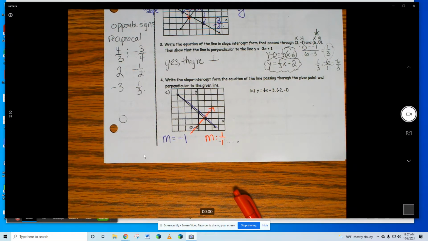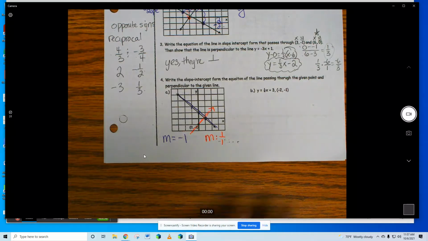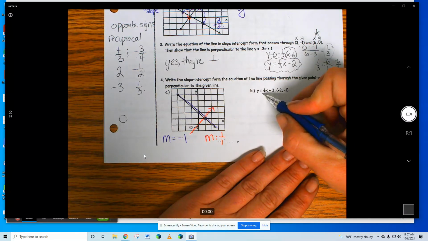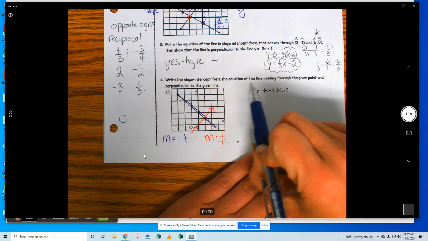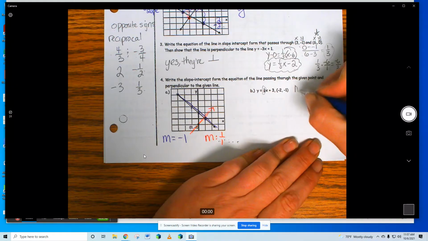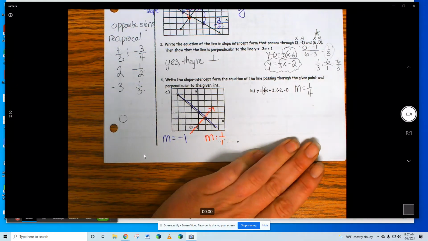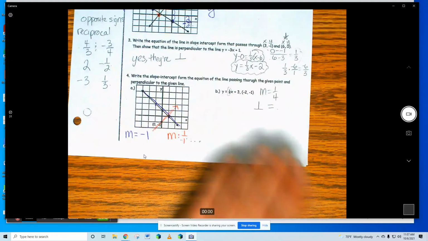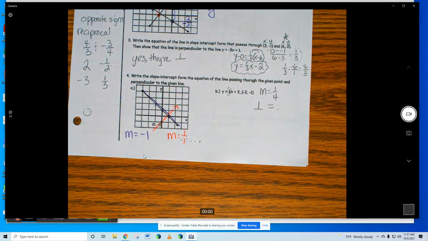B. If I'm told, write the slope intercept form, let's do that. 1/4 is my slope. But what's the perpendicular of 1/4? What's perpendicular to 1/4? Because it's not 1/4, that would be parallel. The perpendicular slope is -4.